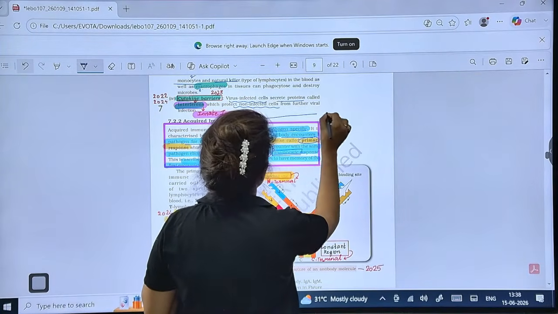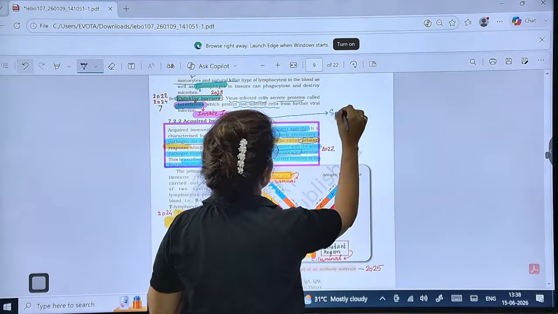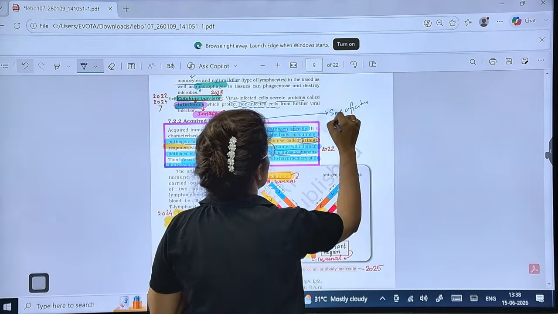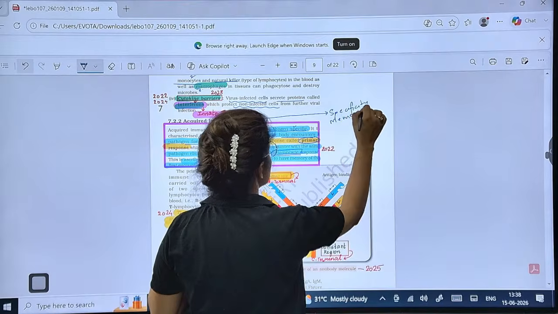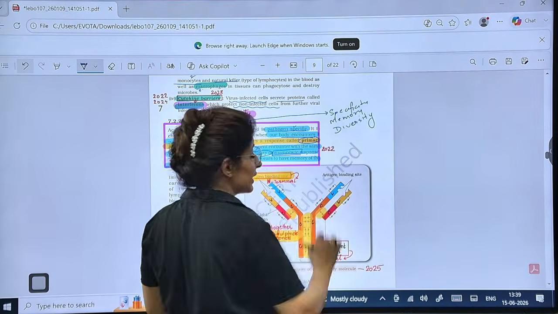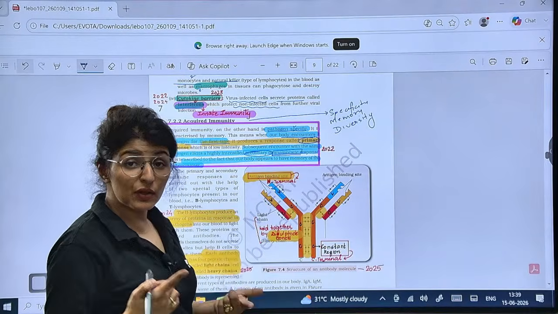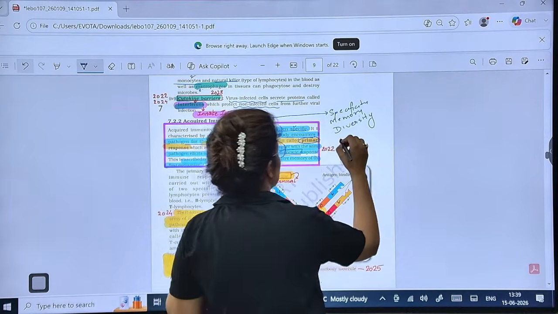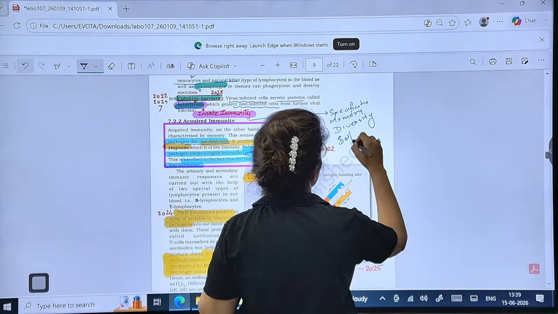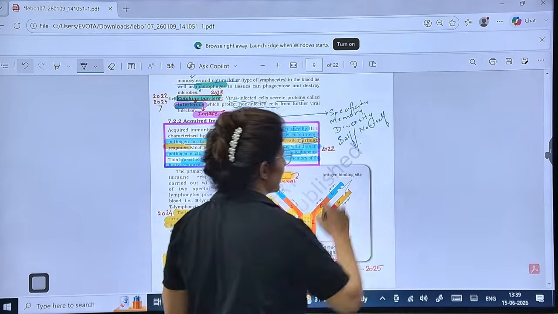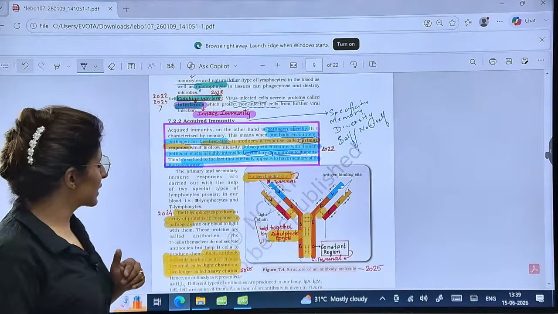So acquired immunity is characterized by specificity, second is memory, third is diversity. As many antigens as enter, our body can produce that many antibodies. And last but not least, it can distinguish between self and non-self. Is that clear to all?